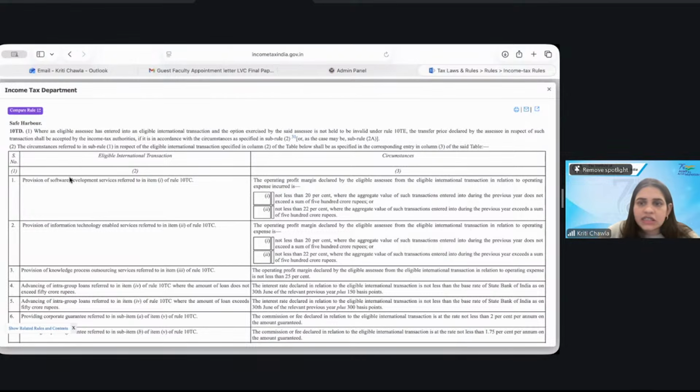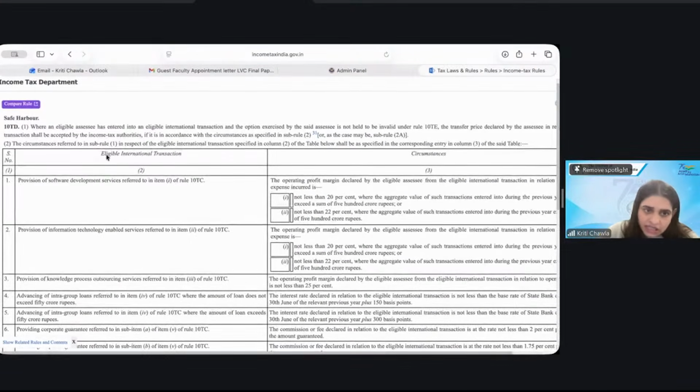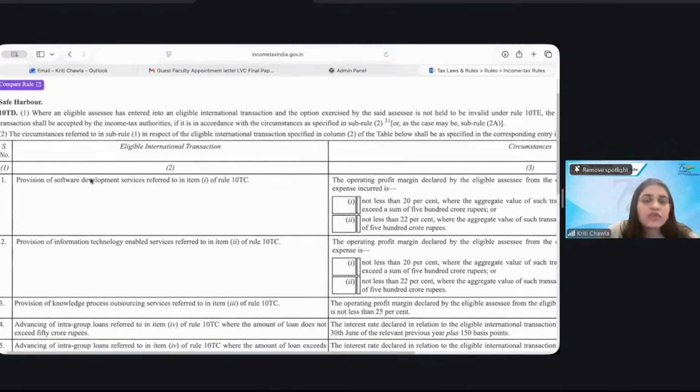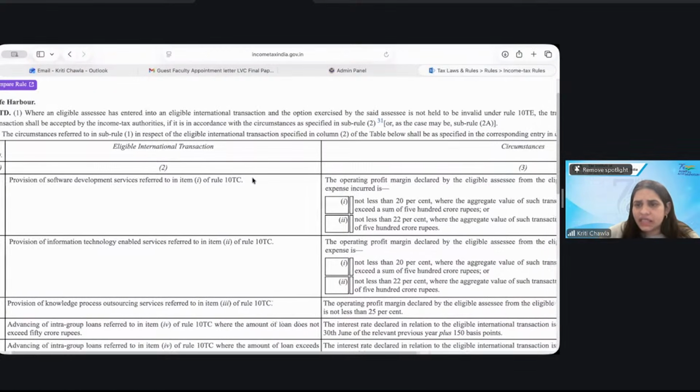Okay, so this is where it talks about, let's say that the first circumstance they talk about is the eligible international transaction. The eligible international transaction is provision of software development services, which are referred to in Rule 10TC. That's another thing.